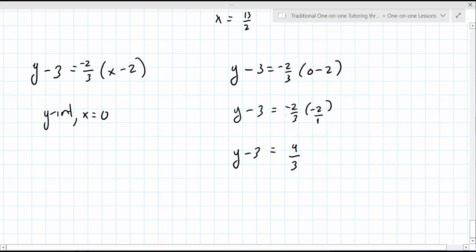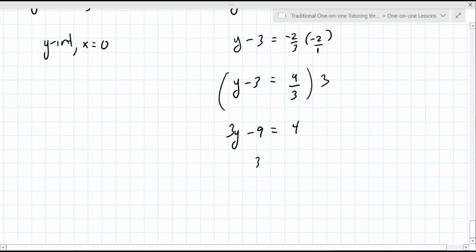You really want to get this fraction isolated. It would not be minus because there are two negatives, so it's 4/3. Then you can multiply all of those numbers by 3, which gives you 3y minus 9 equals 4. And then that would be 3y equals 13, y equals 13/3. Good.